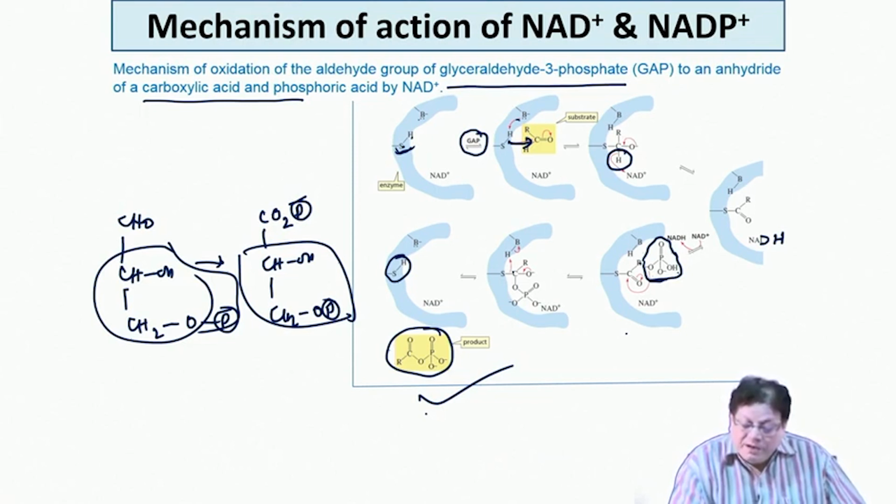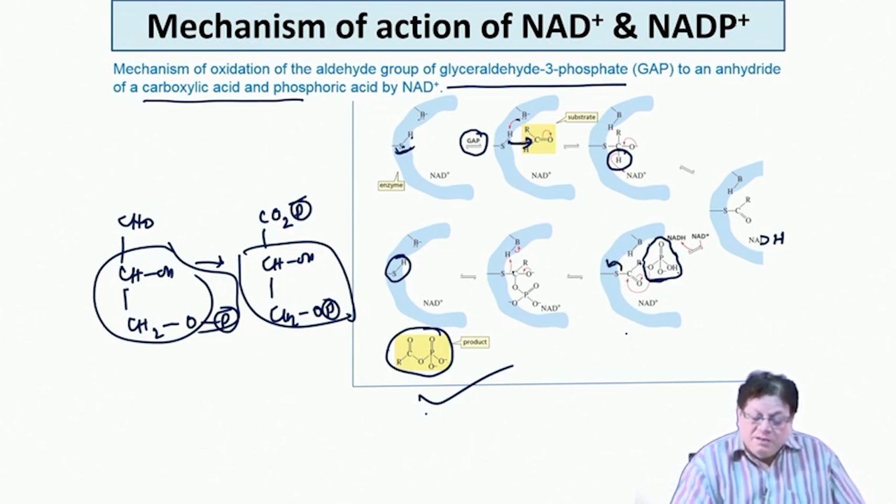Then the phosphate attacks the carbonyl and breaks the carbon sulfur bond, and that takes up the hydrogen. So, it becomes the cysteine.